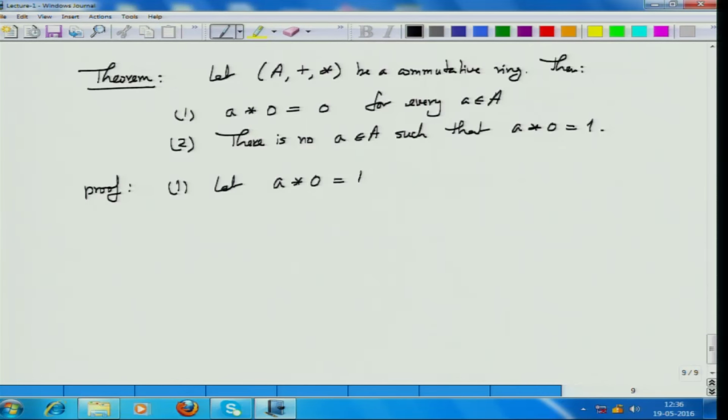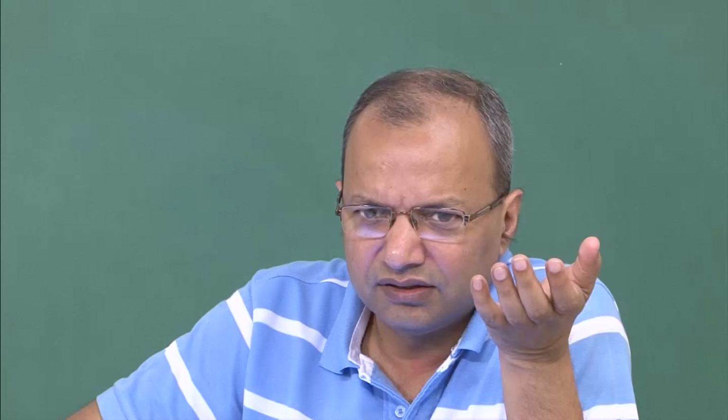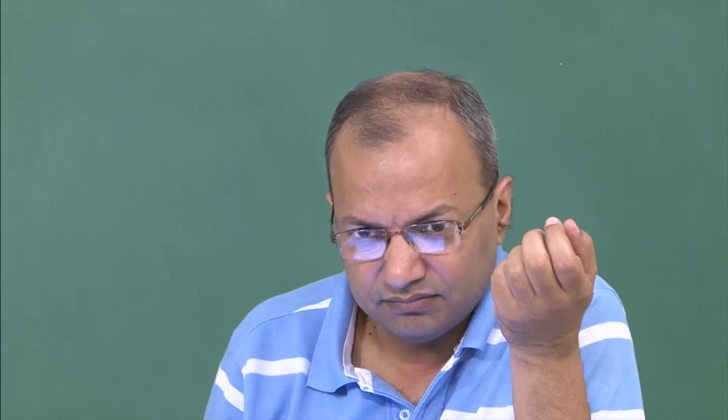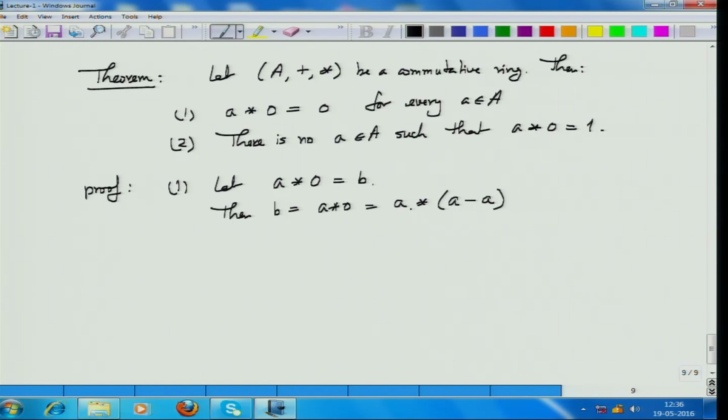Let's say A times 0 is B. Then B is A times 0, which is, by definition of 0 and negation, take any element, let's say take A itself, then 0 is A minus A. So, I can write 0 as A minus A. Now, use the distributivity property of multiplication over addition.